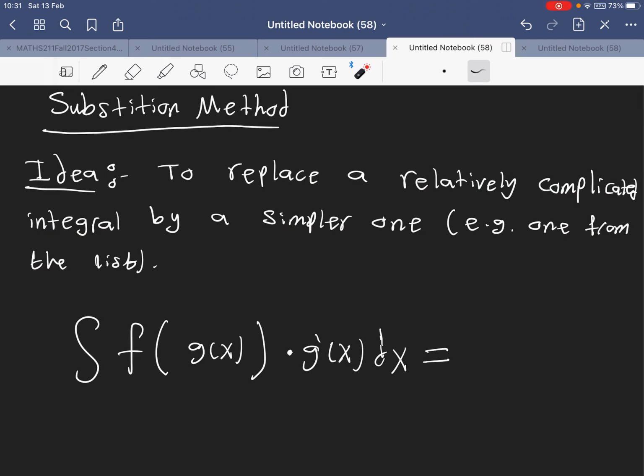Now, usually the setting where we use the substitution method is when we have an inner function. Inner function means a function inside another one. So this is an inner function, and the derivative of the inner is also there.